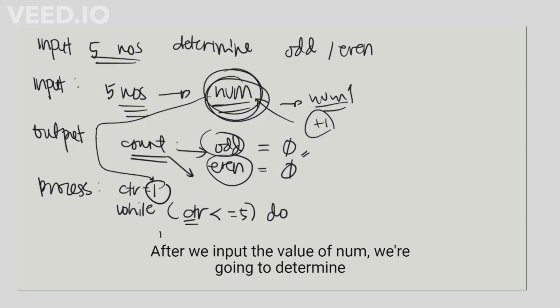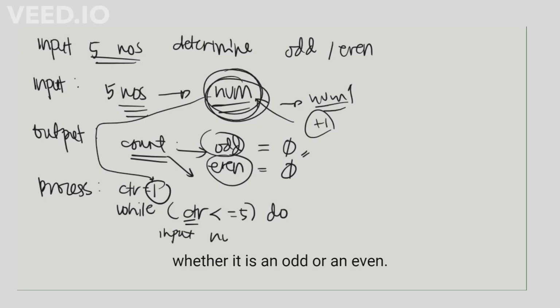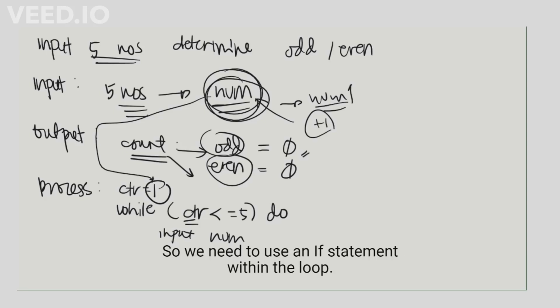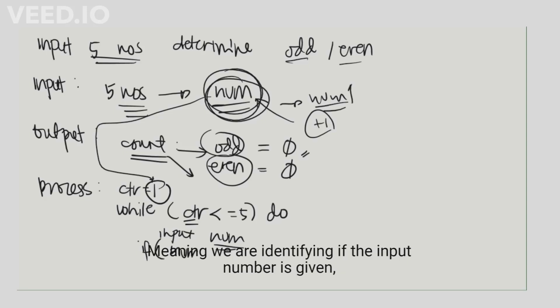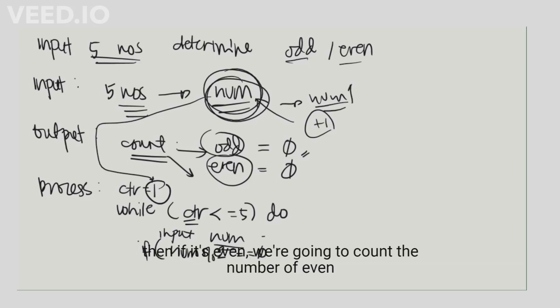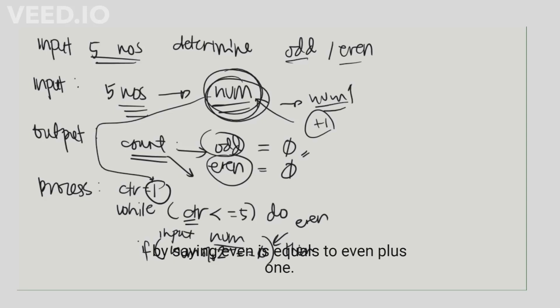After we input the value of num, we're going to determine whether it is odd or even. How are we going to determine that? We need to use an if statement within the loop. If our input number modulo 2 is equal to 0, meaning the input number is even, then we're going to count it by saying even equals even plus 1.